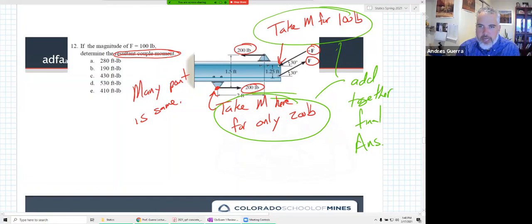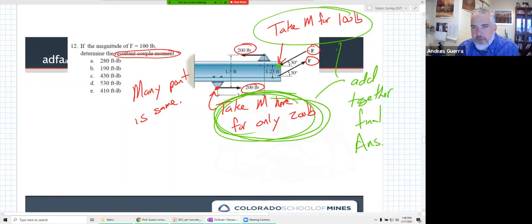So when we take the moment for the 200-pound force about this point on the bottom left, that'll give us only the moment for the 200 pounds. I'm only using the 200 pounds. When I take the moment here, I'm only looking at the F's, the 100 pounds. And then I wouldn't worry about finding the distance between the two F's.